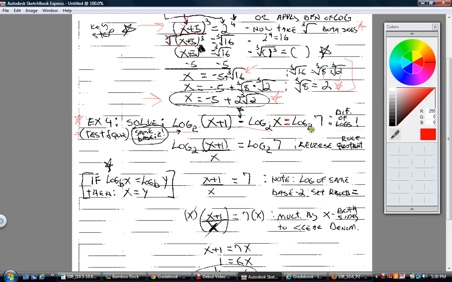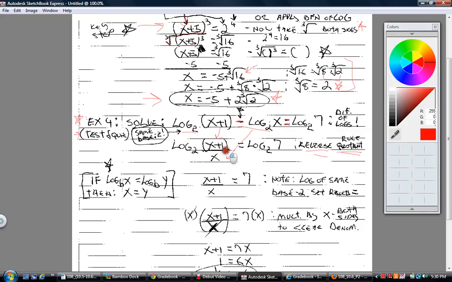Your strategy is to flash back to what happens if you've got subtraction. That's your key read here. You've got the same base, so you're doing the reverse quotient rule. Instead of a log whose result has division, you've got subtraction, so you compress it into division.